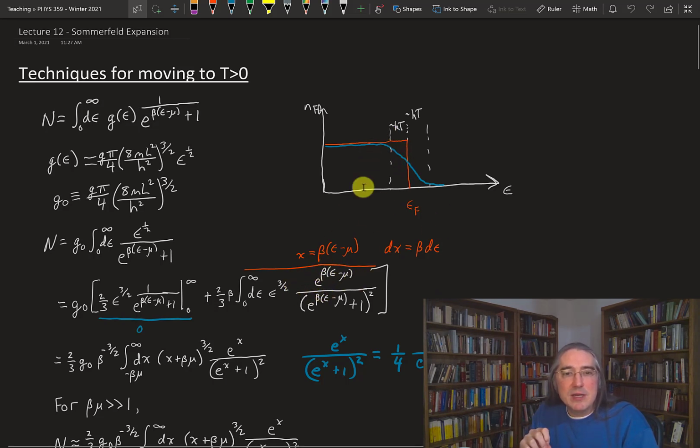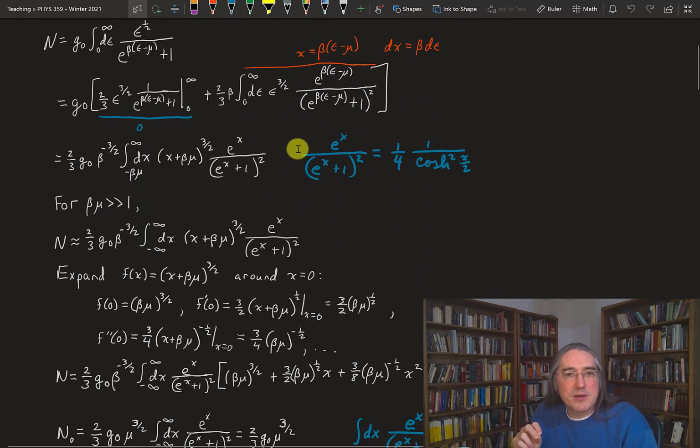And what that will mean is we're expanding in distance from this thing, and we only care about distances or positions that are close to the Fermi energy because, again, that's where all the action takes place. Okay, good. So let's drag this integral down here, and we're going to change variables to x, which is beta times epsilon minus mu. dx is beta d epsilon.